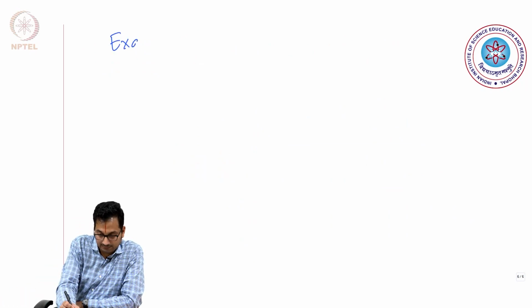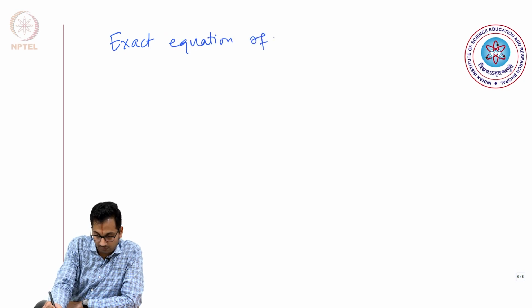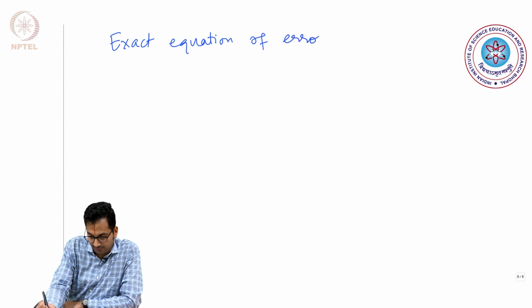So, this goes back to the equation called the exact equation of error or uncertainty propagation.